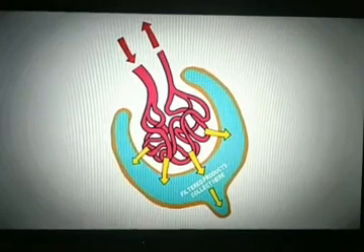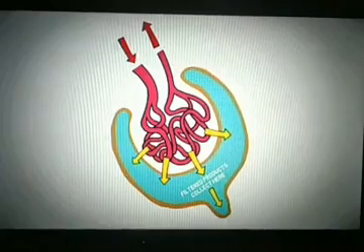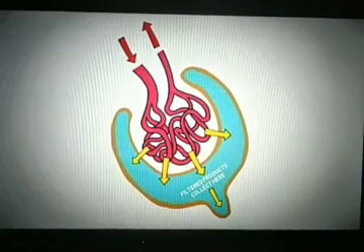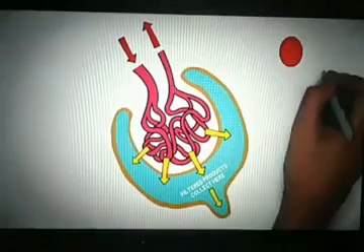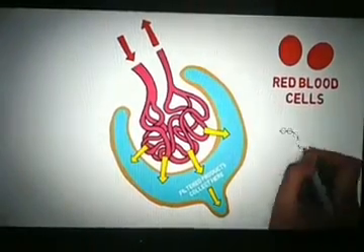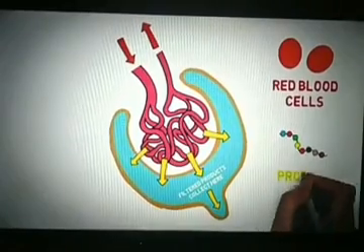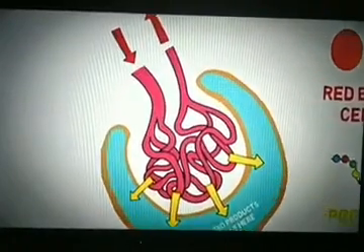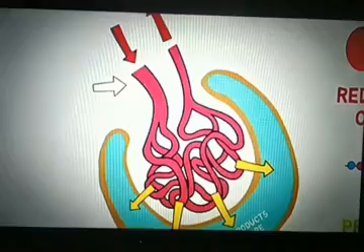The filtrate moves into the Bowman's space, and only about 1/5 of the plasma is filtered here, and the rest is passed on. The things that do not get filtered are red blood cells and some larger molecules like larger proteins.